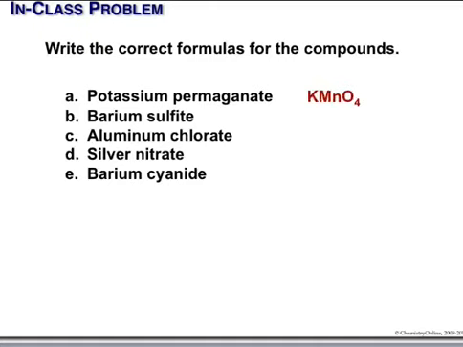Now when you think about polyatomics, remember, all of these oxygens are attached to the manganese. They're all covalent. It's a lump, a little ball that you pair up with the potassium.